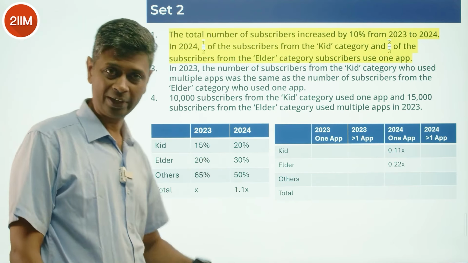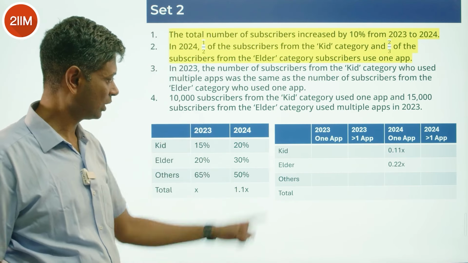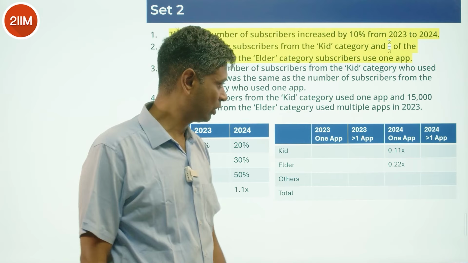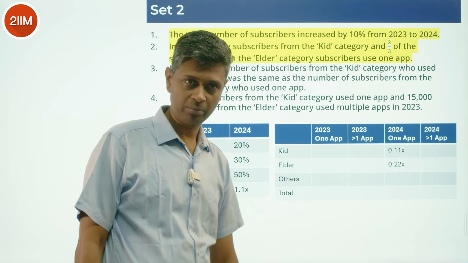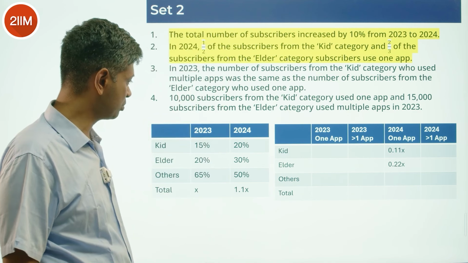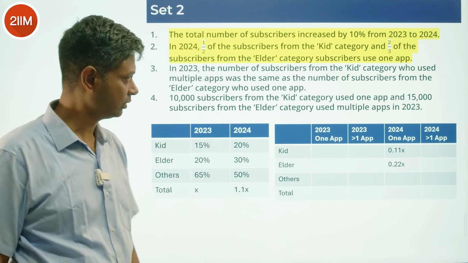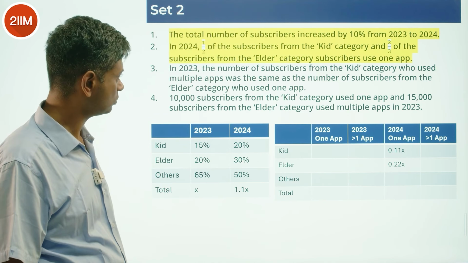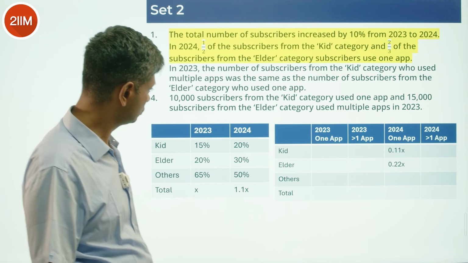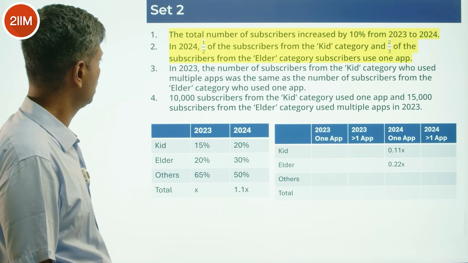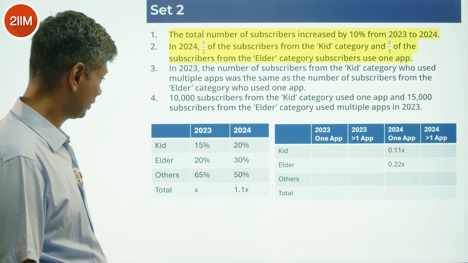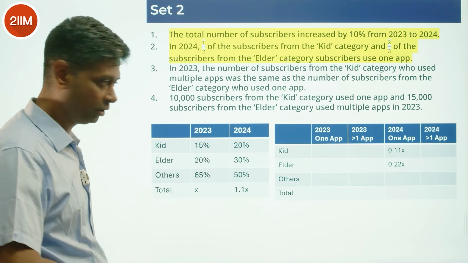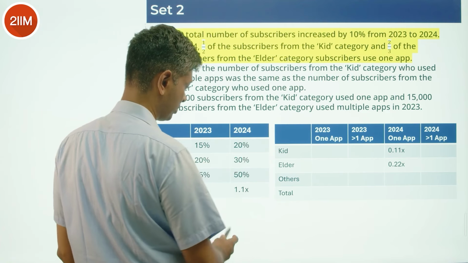X, 1.1X, this. So kid, elder, others, we're going to have one app, greater than one app, with overall numbers being X and 1.1X. In 2024, half the subscribers from the kid category. The kid category is 0.22X totally, 1.1 into 20%.